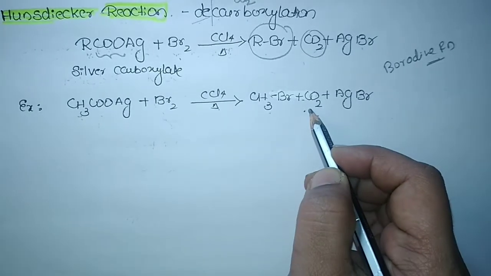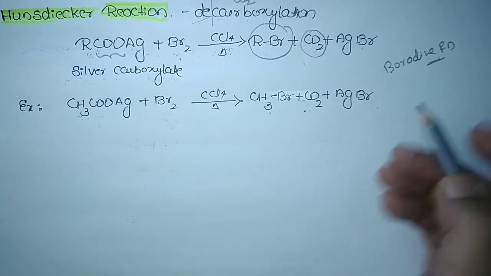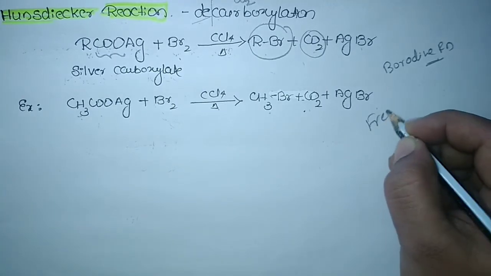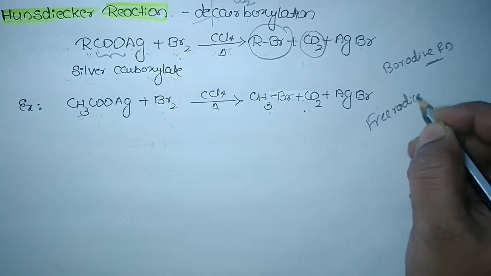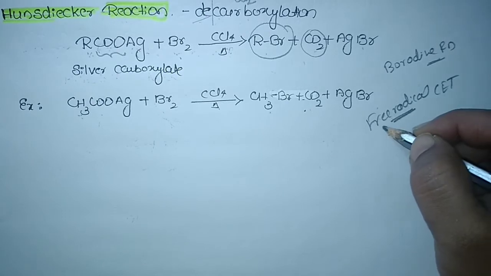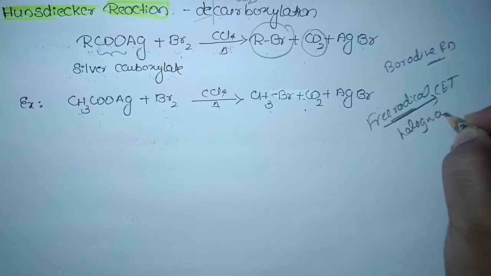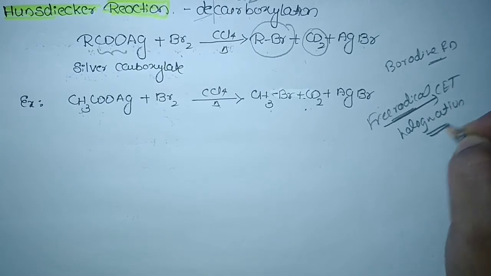Carbon dioxide is eliminated and silver bromide is formed. And how exactly does the reaction happen? It is by the free radical method. A CET question might appear on this: the reaction is by free radical halogenation. Very important, free radical halogenation.